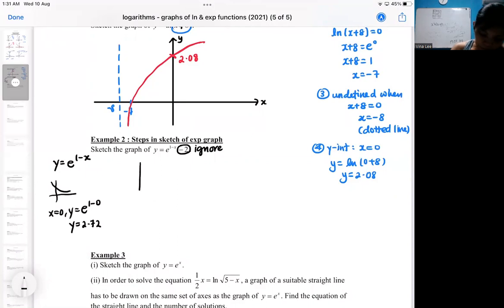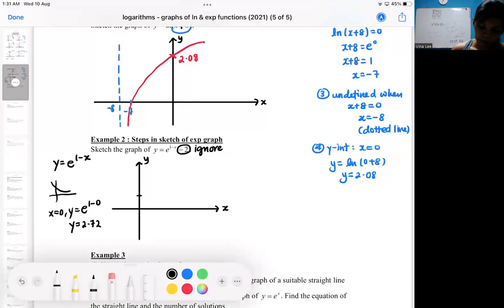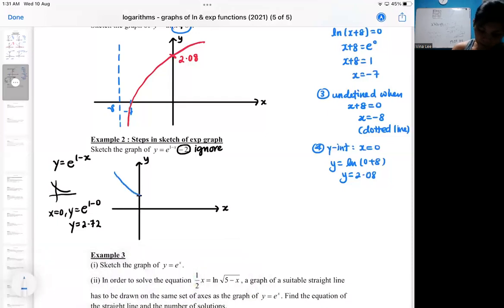So if you look carefully, that's just a very simple graph. I think I'll use another color. So this simple graph is going to cut at 2.72. Okay, and there should be a dotted line here.